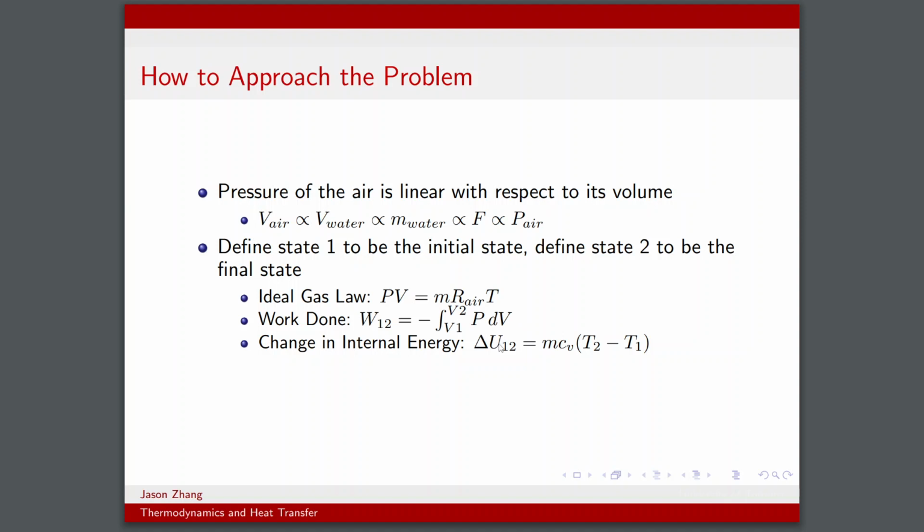We also want to use the change in internal energy equation, which is dictated by the change in temperature, the mass of the air, as well as the specific heat at constant volume. We also want to use the heat transfer equation, which basically says that the amount of heat we've transferred to the air is equal to the change in internal energy minus the work done. So we want to use these, and ultimately the quantity the question is asking for is Q12.